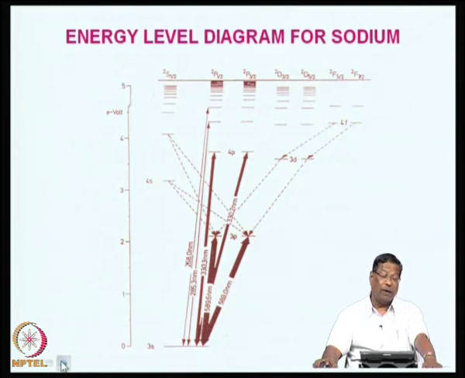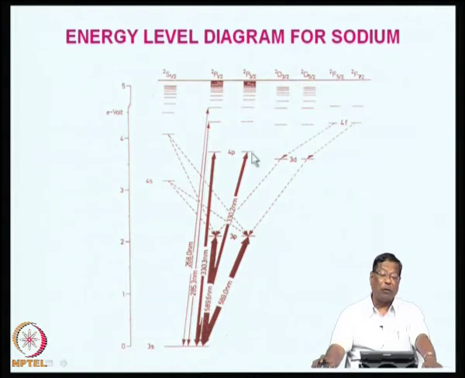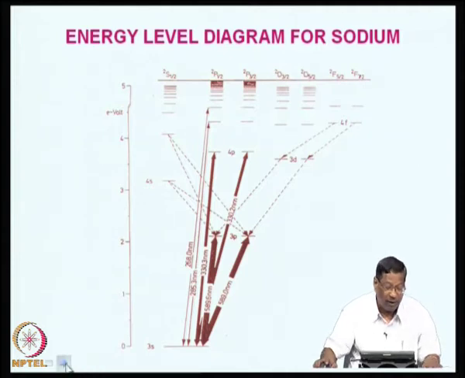So, right now our interest is in the dark lines representing the transition from ground state to the next higher energy state, that is 3p and 4p. All others are non-resonance lines. That means, the excitation and emission do not occur at the same wavelength, and that is not the minimum.